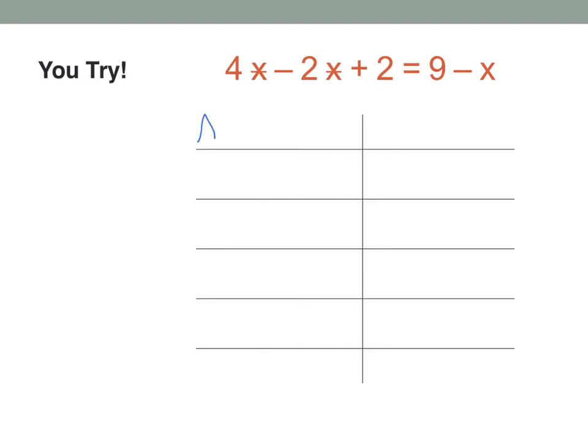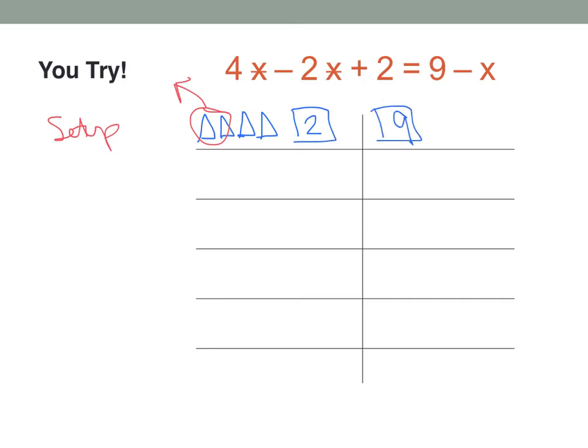We have 4 white pawns on the left. We need to take 2 away according to the setup, and then plus a 2 cube. On the right, we need a 9. And then we need to take away a blue pawn, but we don't have one.